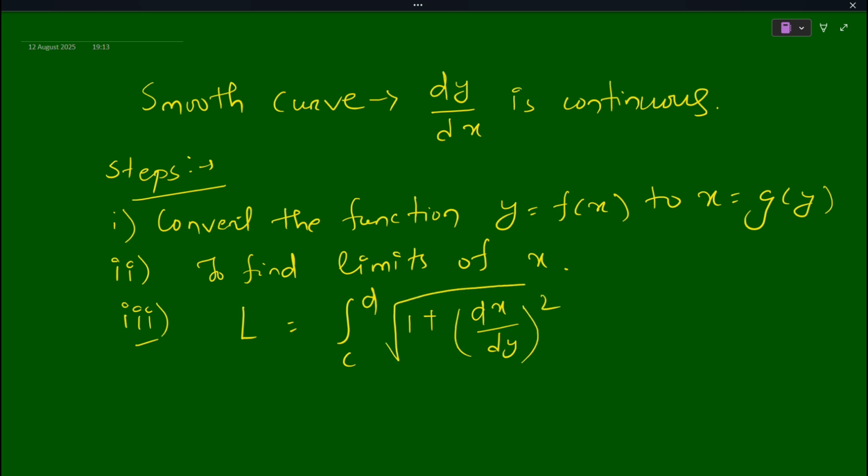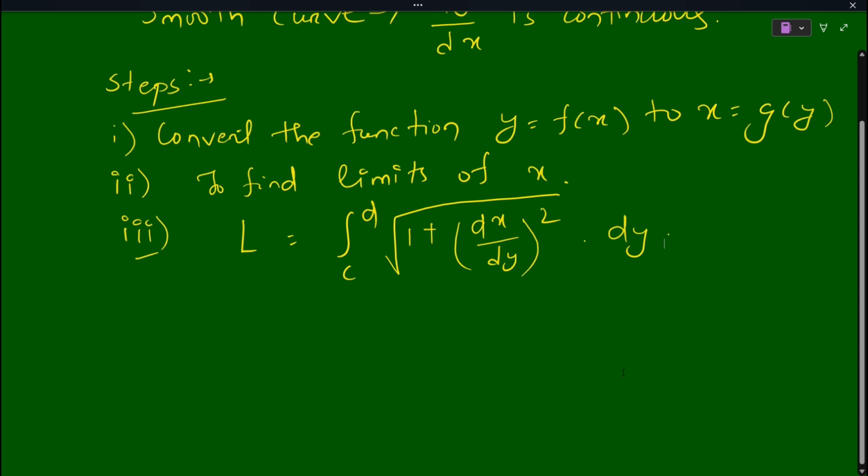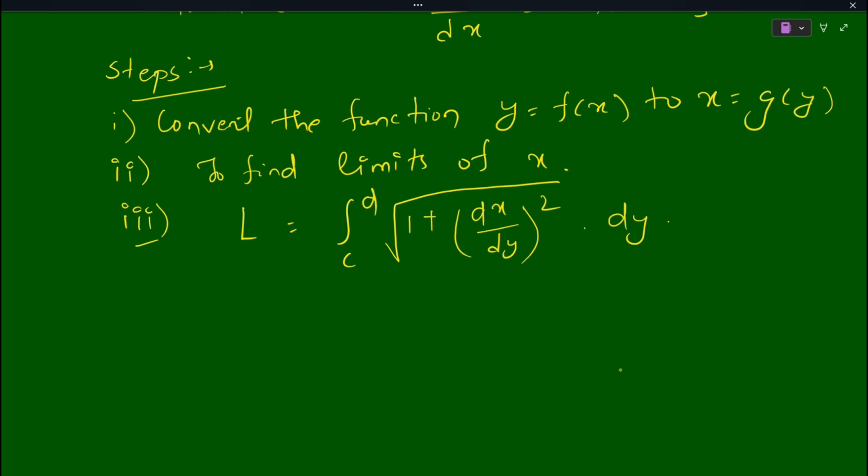Okay, so now let's take an example and find the arc length of a curve. For example, I am taking the curve y equal to (x by 2) whole to the power 2 by 3, where x is from 0 to 2.